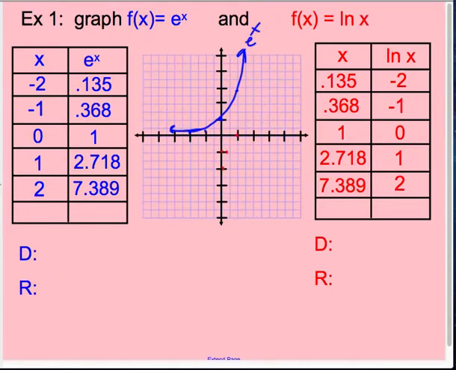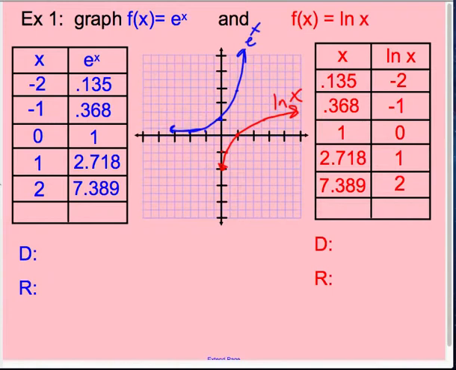Just plotting a few points here. It's a little harder doing it this way. And the other one's off the chart. So they look like this. All of the regular log functions will look like they grow slowly. And remember, the asymptote for the log functions is the y-axis, whereas the asymptote for the exponential functions is the x-axis.